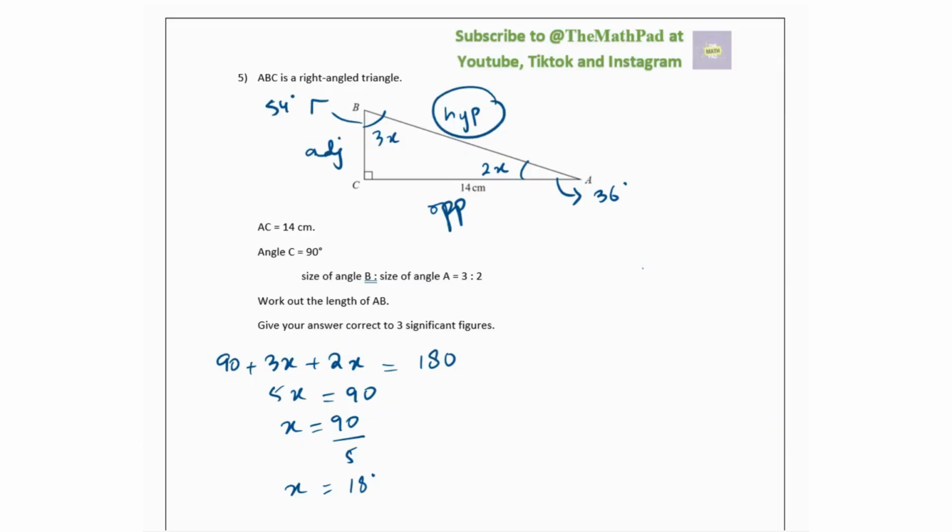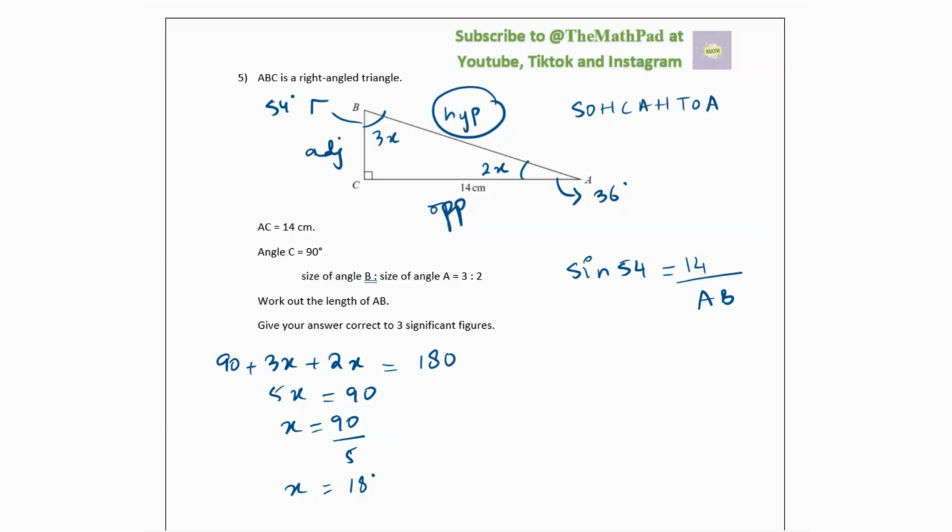We don't have the adjacent, but we do have the opposite. So we can use sine of angle B equals opposite, which is 14, divided by AB, which is the hypotenuse. Remember your SOHCAHTOA.